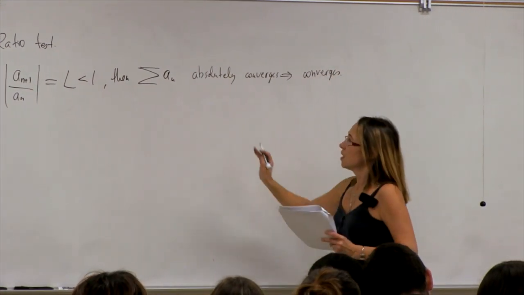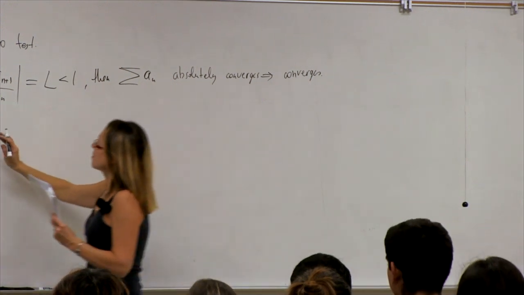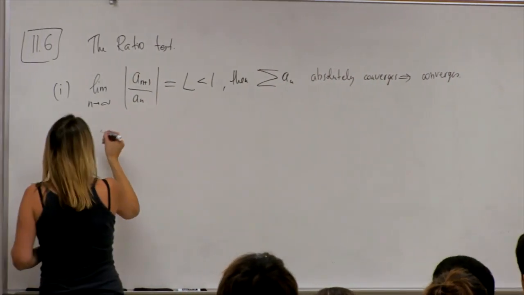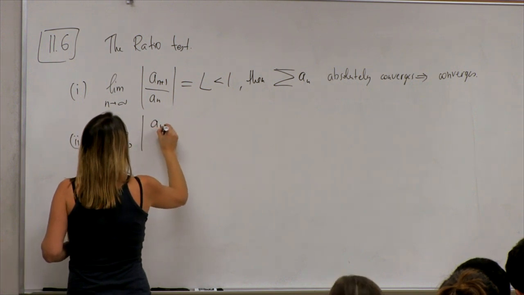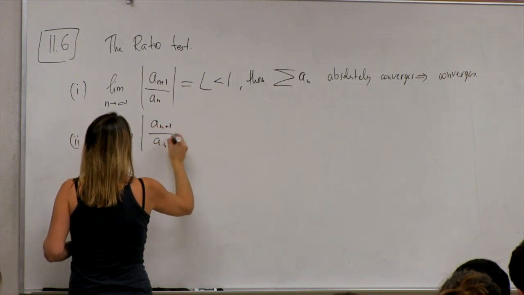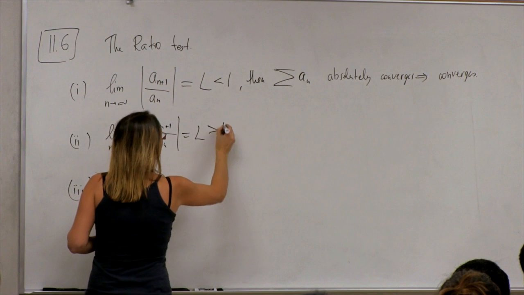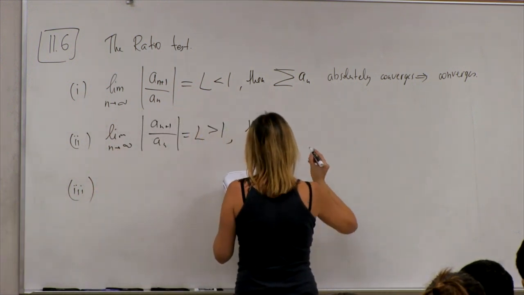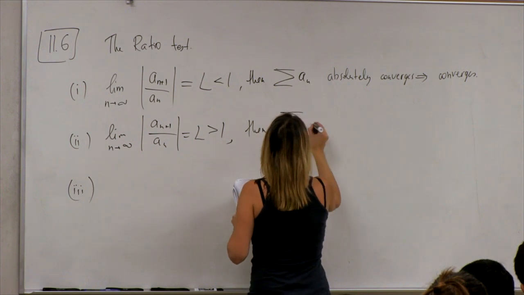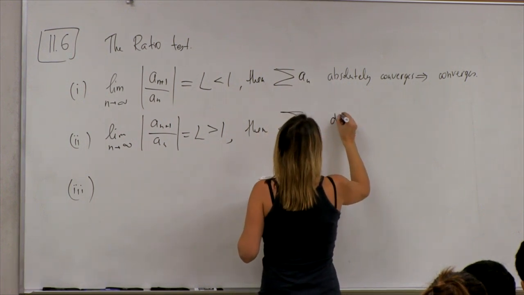So what is the opposite of this case? We can say that if the limit of this ratio is greater than 1, then the series diverges.